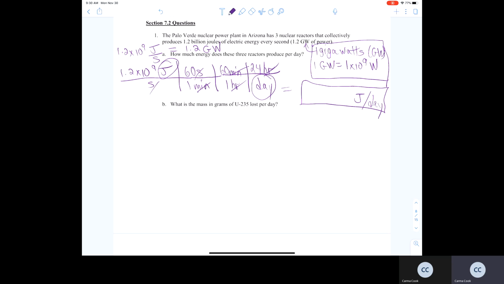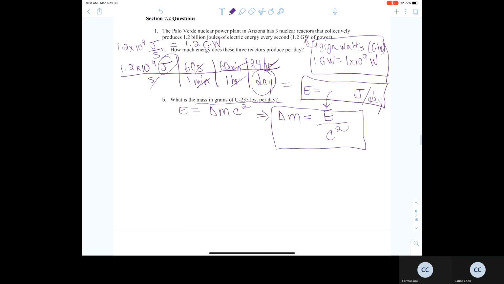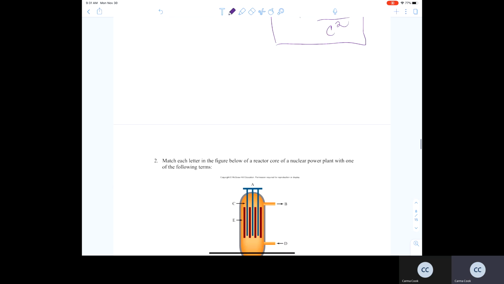And once you get your energy, then you can use the famous Einstein equation to calculate the mass in grams that's lost per day. And you calculate the delta M, which is going to be your E divided by C squared. And I'll let you finish that one in class.